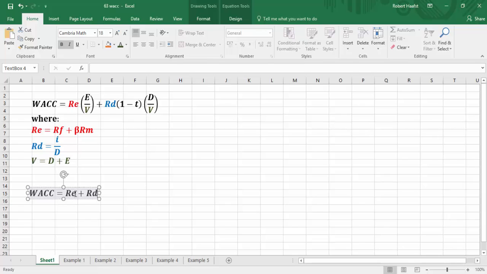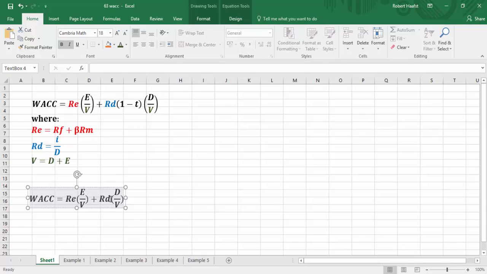Well, we weigh it by adding the ratio, which is, of course, equity to value and debt to value. You see, we're slowly getting there.